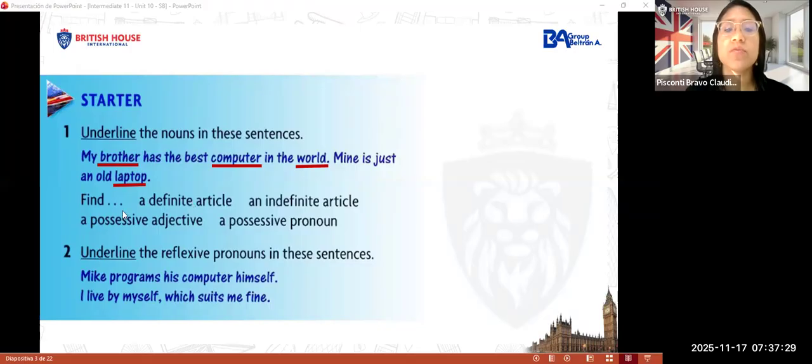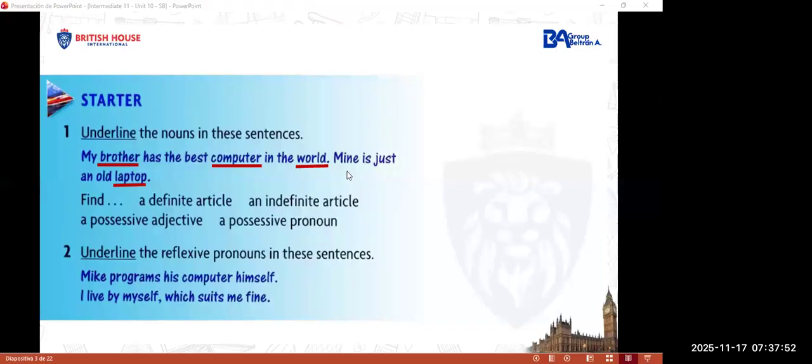Now, let's also find a definite article. You know, a definite article refers to something in particular. Do you remember what a definite article is? Hello there, Abigail. Hello there, Diana. Good morning. Tell me, Gustavo. A specific article.